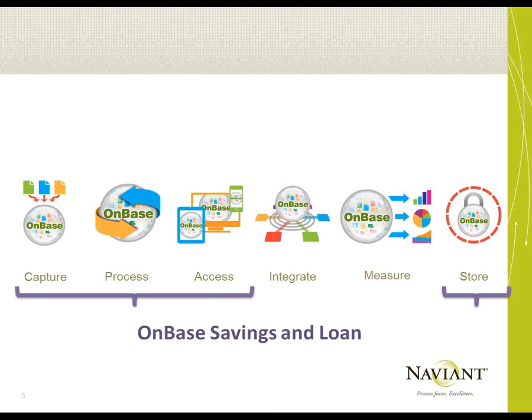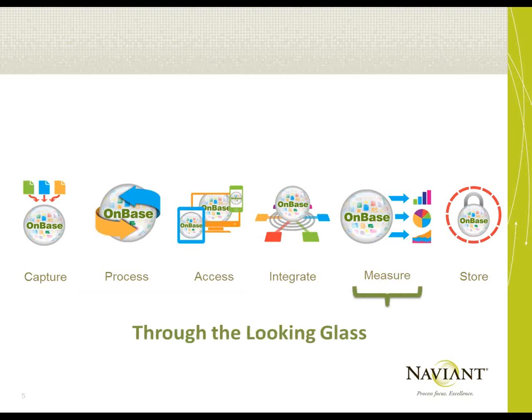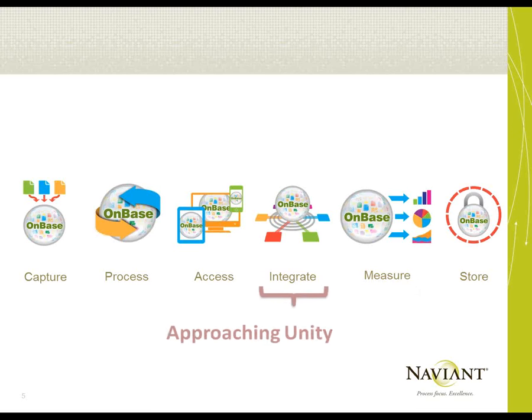The OnBase Savings and Loan section will cover capture, process, access, and store, mostly capture, access, and store, with a little bit of processing in there when we talk about DIP and things like that. You can do some basic measurement of your OnBase system and your business through Through the Looking Glass and the built-in reports. And then integration: the Unity client is probably Hyland's biggest push for integration in OnBase in recent years.